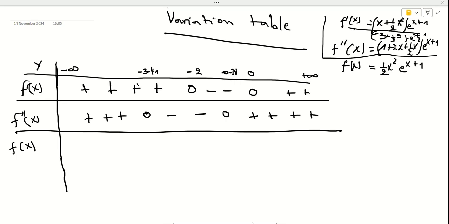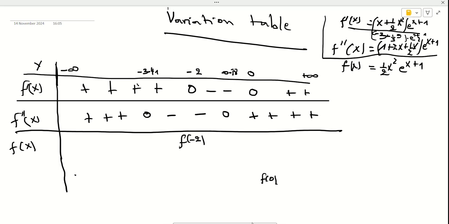So now we have from minus infinity to f of minus 2, and we also have f of 0 somewhere. Let me write it here, f of 0.